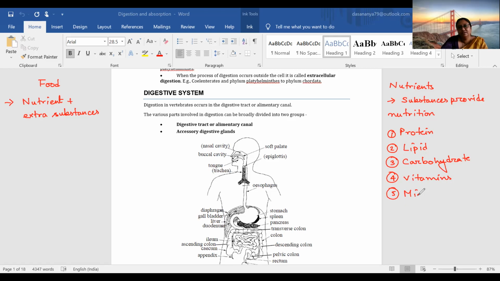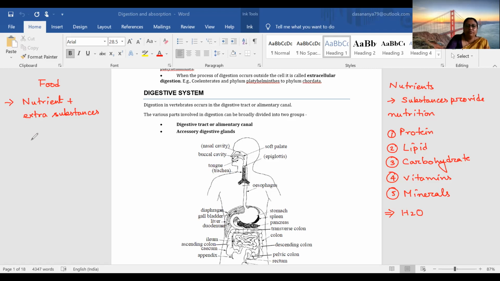Minerals, obviously. Apart from that, water is also there. It is not considered directly as a nutrient. Yes, beta, fatty acid can come? That will not be coming under lipid. So food will have nutrients and other substances which are not necessary for us.